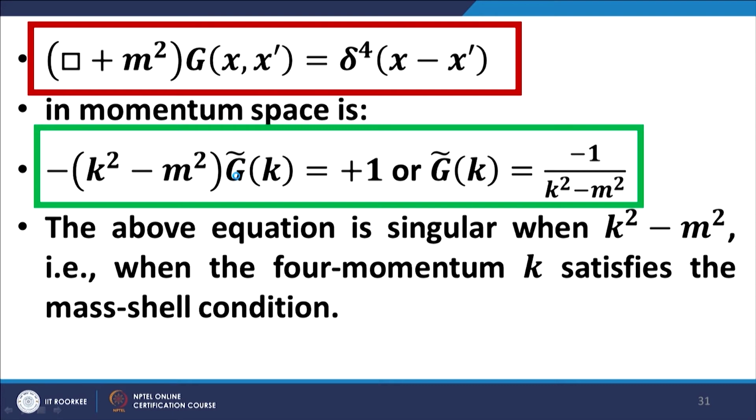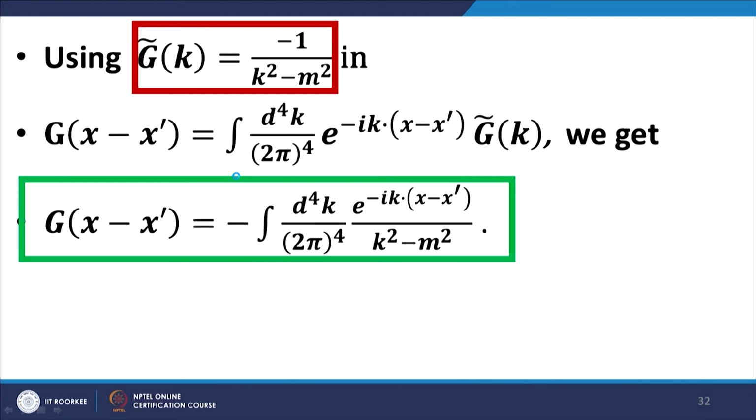So, this is what we have for the Fourier transform of the Green function. G tilde k is equal to minus 1 upon k square minus m square. Obviously, this equation has poles at plus minus m, and we now try to resolve the issue of this pole.